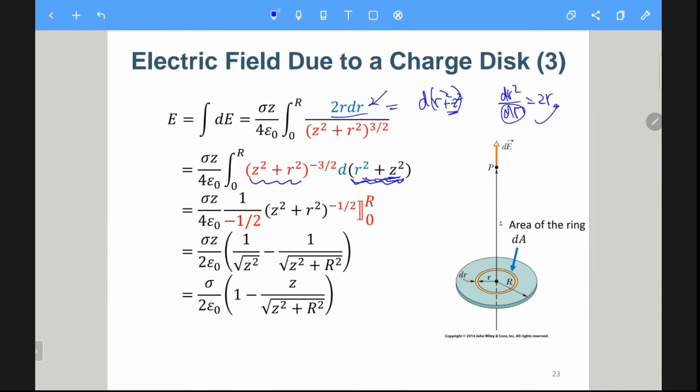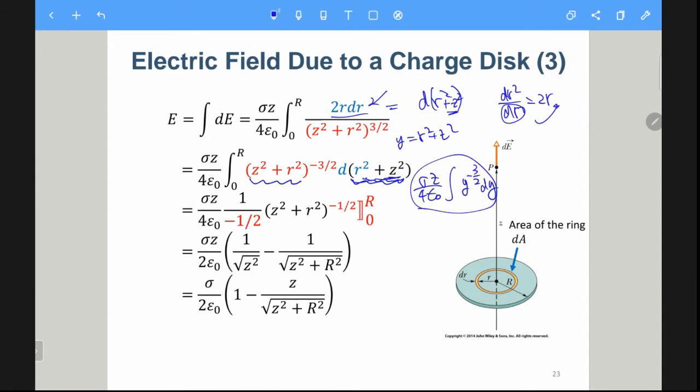So maybe if you don't feel comfortable enough, you can just write y equals r square plus z square, so that it is actually something like sigma z over 4 epsilon naught, and the integration of y to the minus 3 over 2 power dy.